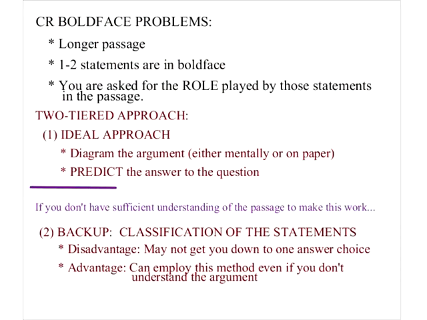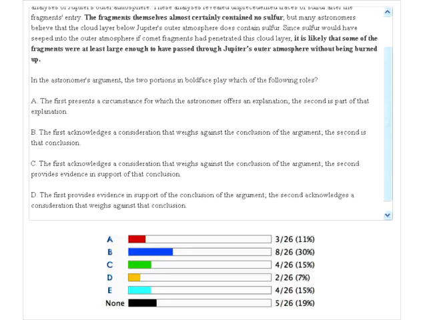Back to this screen that's right here. Cheryl, yeah, when you look at boldfaces, you definitely have to look at just the fragment of the sentence that is boldfaced. A lot of the time, if you've got a sentence with multiple parts, then they're going to work against each other.